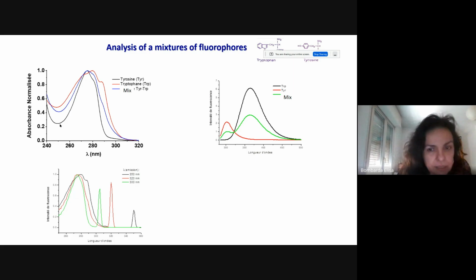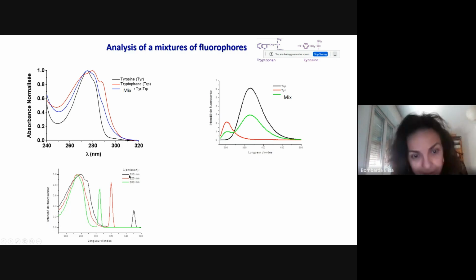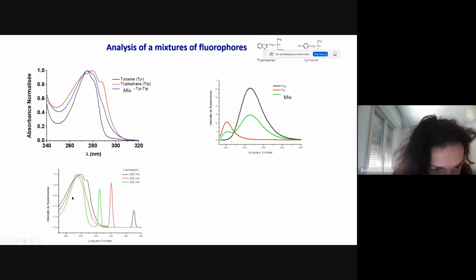So in this range, 250, 300, it's not the only amino acid that absorbs. Tryptophan also absorbs, but it doesn't contribute to the emission at 300. So that's why, fluorescence-wise, I see only tyrosine.